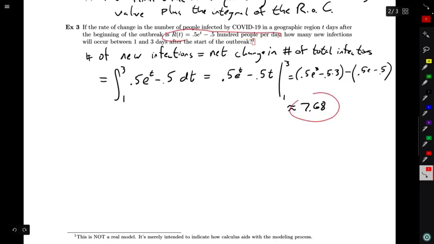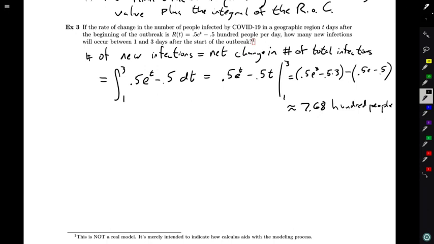So this 7.68 represents a number of hundreds of people. So this is 768 people, and so we're looking at around 768 new infections.